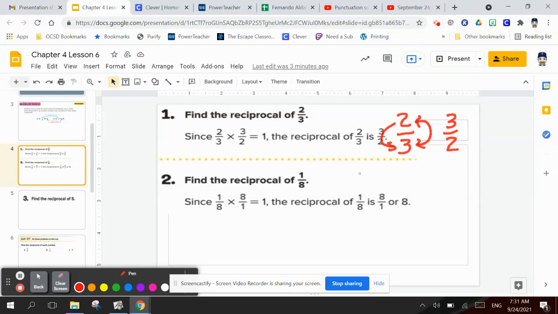Number 2, find the reciprocal of 1/8. Same thing: I'm going to make the denominator my numerator and the numerator my denominator. When I do that, I have 8 at the top and my 1 at the bottom. 8/1 actually equals 8 wholes.